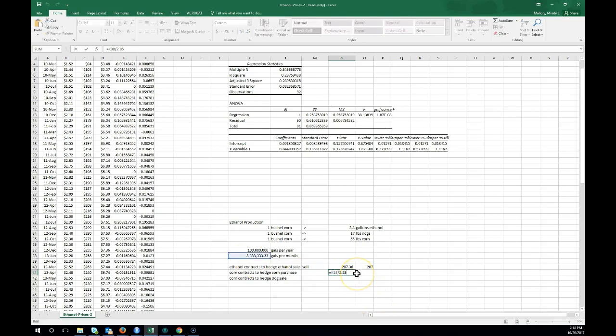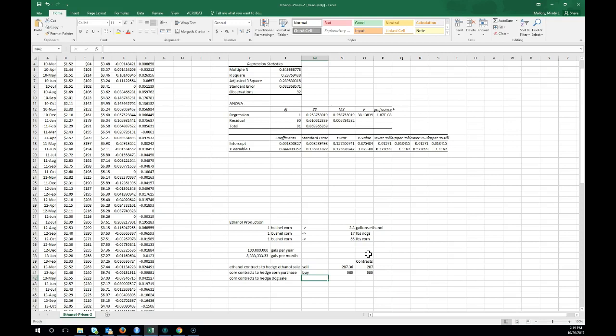How many contracts is that? Divided by 5,000 bushels in one contract, we need 585 corn contracts. But we're not selling, we are buying. Let's make note of that, because we have to buy ethanol. We have to buy corn in the spot market.